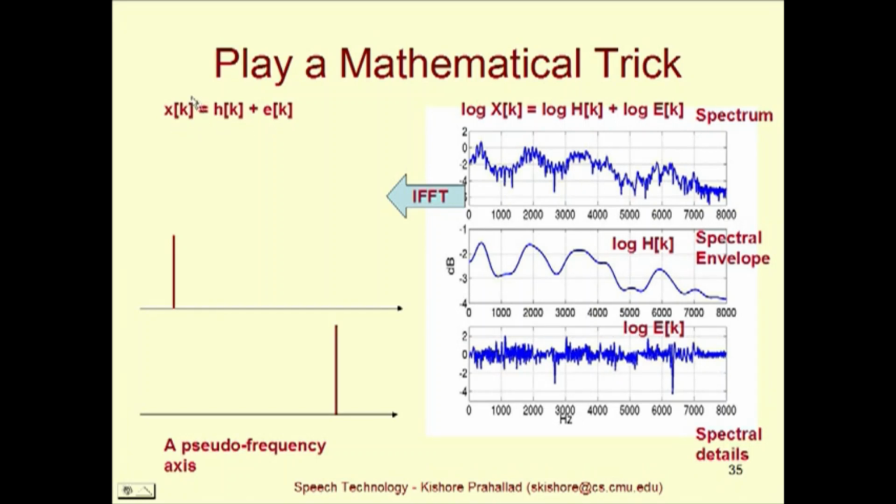So to obtain x of k, you need to sum the h of k, small h of k, please note that, and then small e of k. If you sum these two, you would get back x of k. So when you take IFFT of this, you would simply get the summation of h of k and e of k, correct?